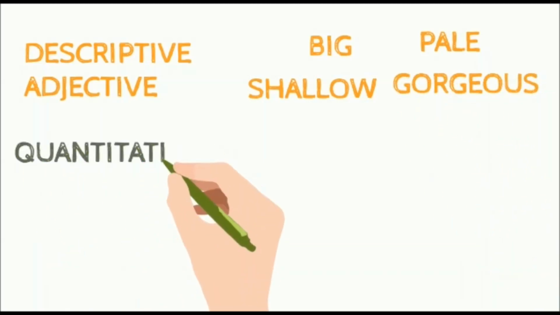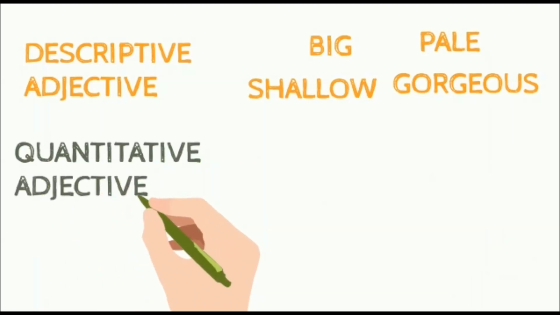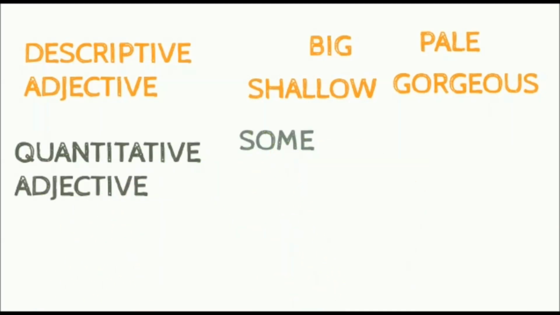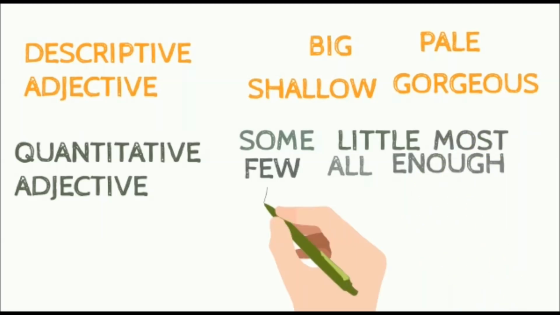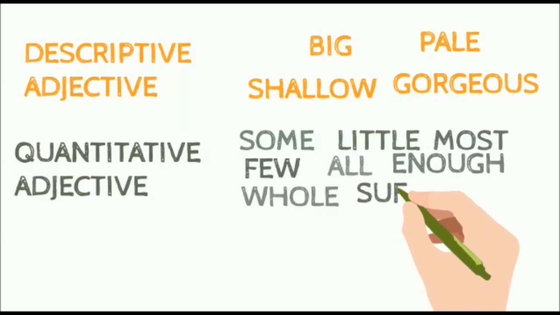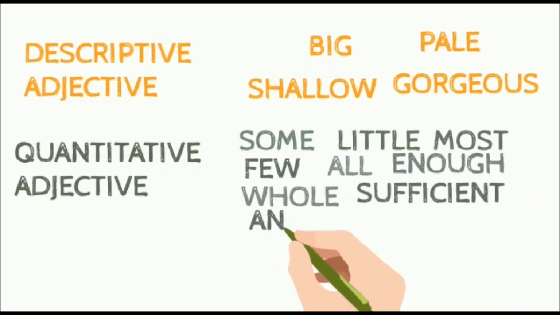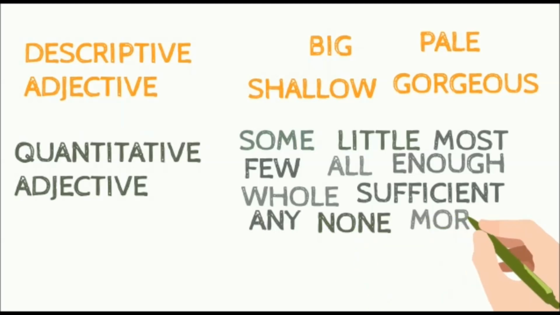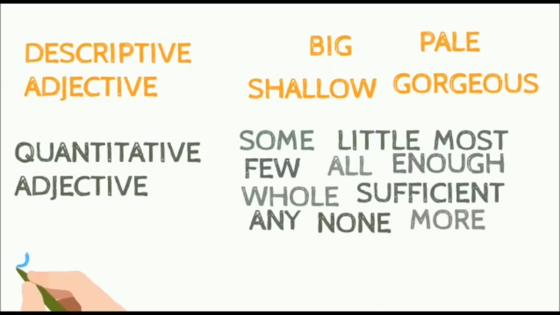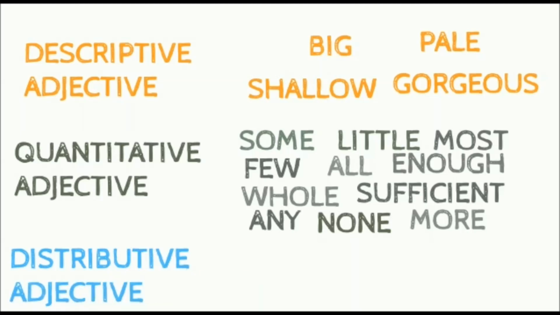Quantitative adjective examples are some, few, little, all, most, enough, whole, sufficient, any, more, none. And the distributive adjective examples are each, every, either, neither.